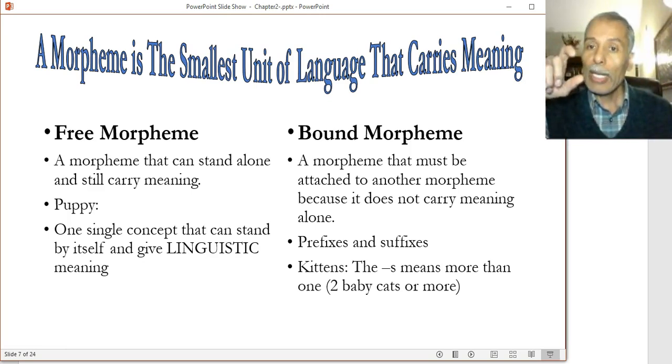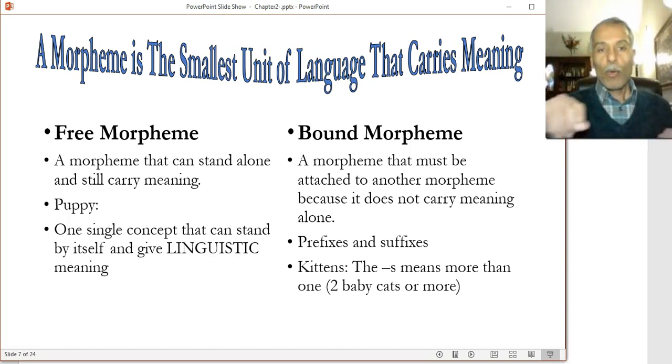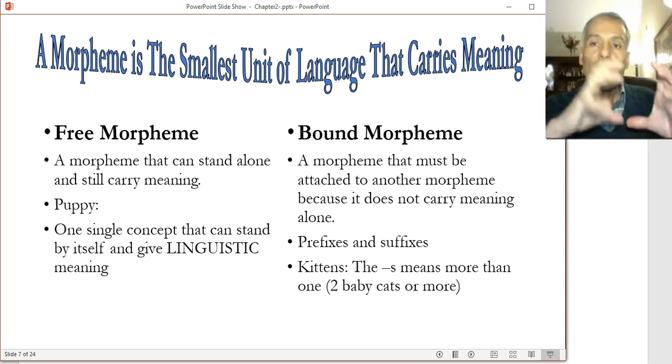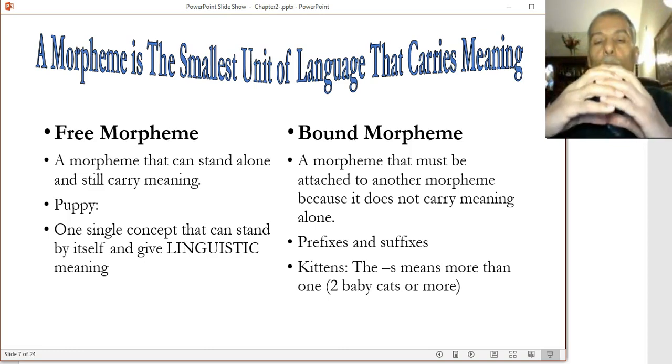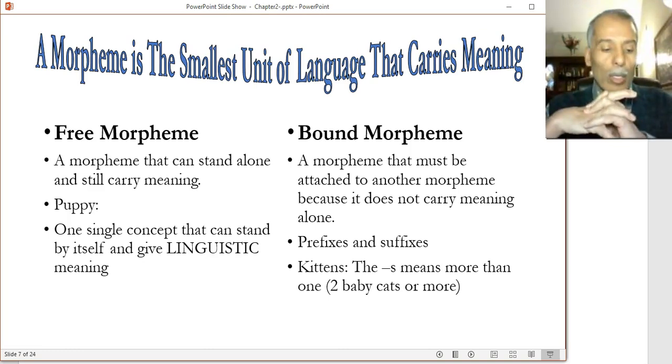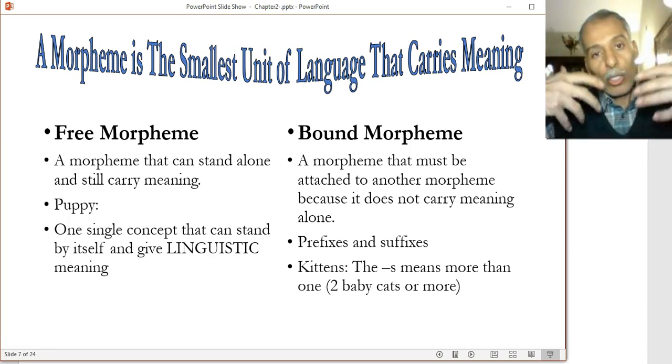So a morpheme again is the smallest linguistically meaningful unit of the language. If it doesn't have meaning, it is not a morpheme. Morphology is part of the language components or language parameters that are used to construct a language.